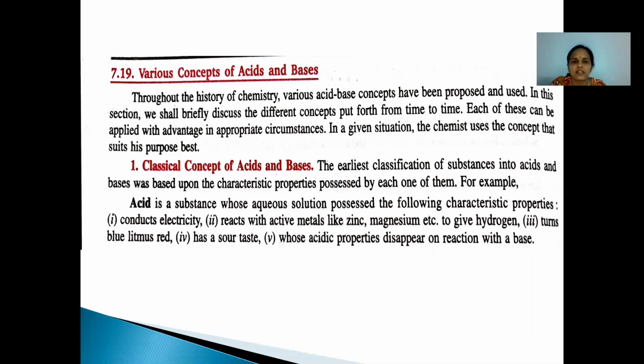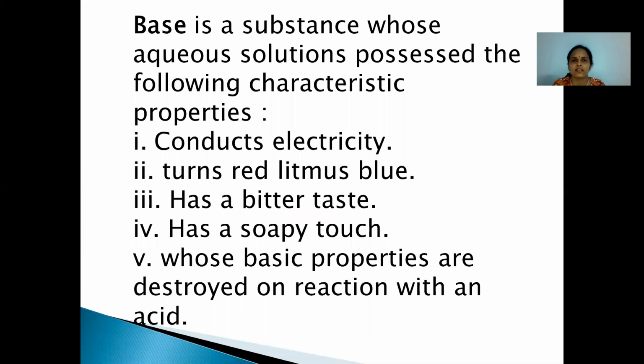First, it conducts electricity. Second, it reacts with active metals like zinc, magnesium, etc. to give hydrogen, and it turns blue litmus red. It has a sour taste, and its acidic properties disappear on reaction with a base. So this is the classical concept of an acid.